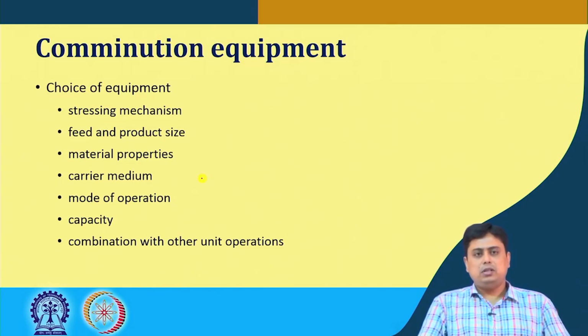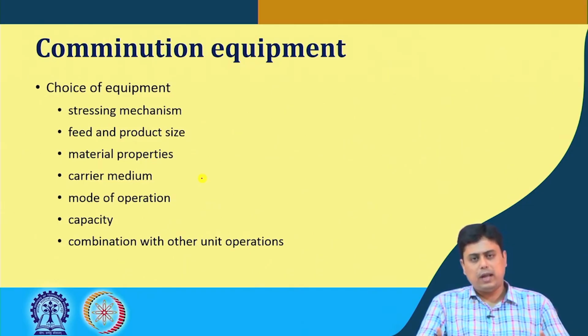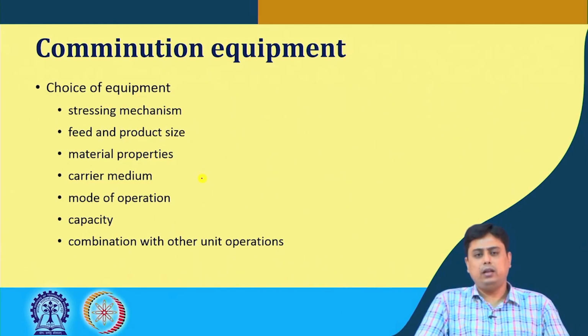The other parameters are the mode of operation, its capacity or the throughput that you are looking at, the rate at which the product should come out from that equipment, and its adaptability with the other unit operations.